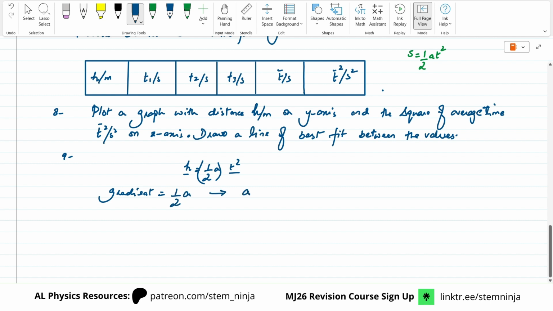So therefore acceleration would be 2 times the gradient, where a is acceleration due to gravity.